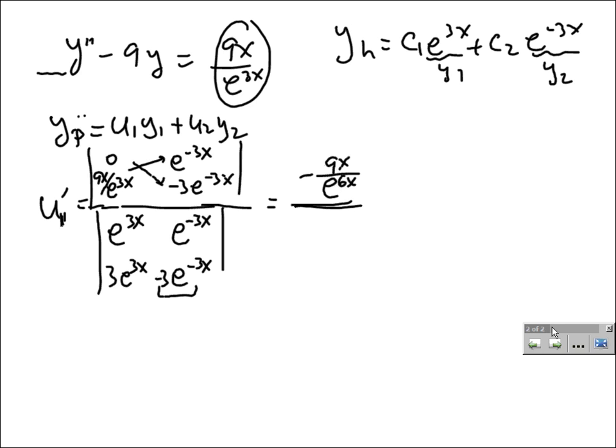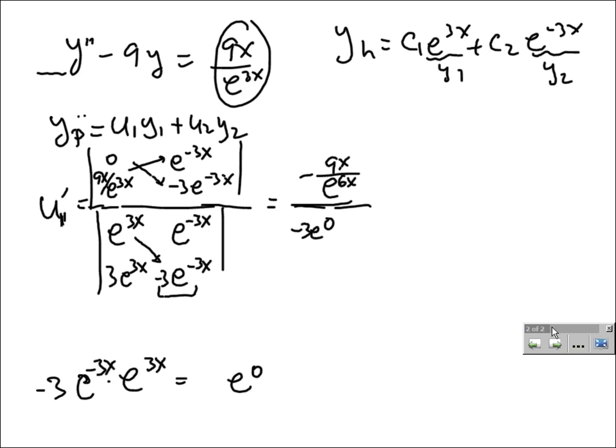On the bottom, you have negative 3 e to the 0. Because when you multiply these two, you add the exponents.